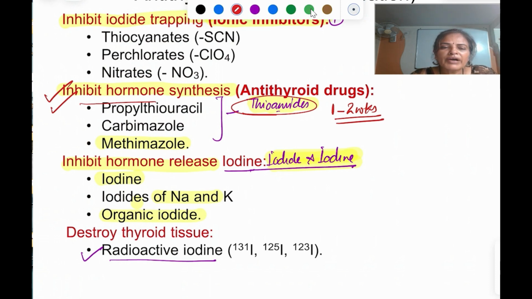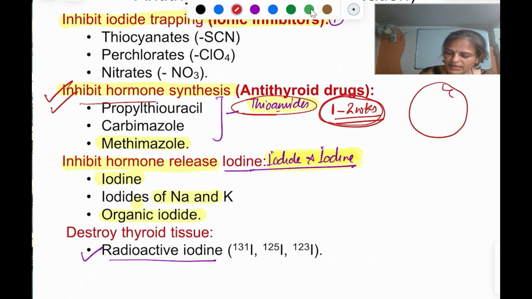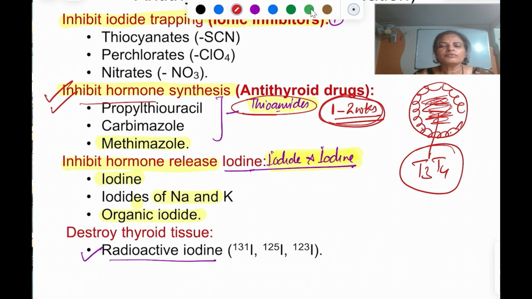Now, why is there a delay in the clinical manifestation? Because you have given the drug, there will be no synthesis, but whatever is stored, आपका ये follicles के अंदर जितना भी पहले, this is a thyroid follicle. So here is the colloid, pink color colloid. So T3, T4, they are already there, that will be released.